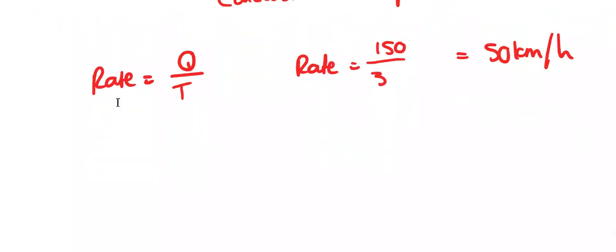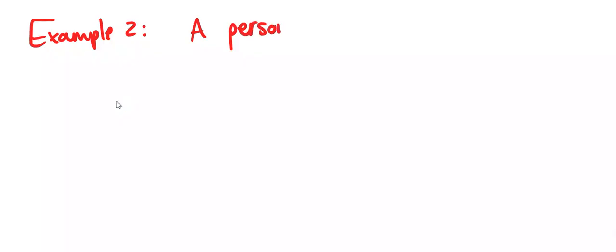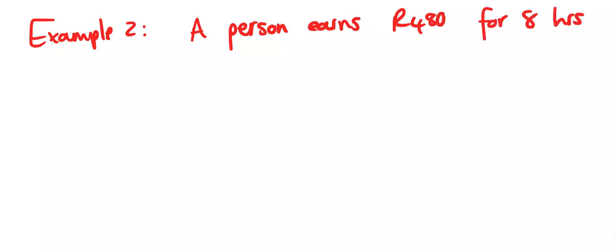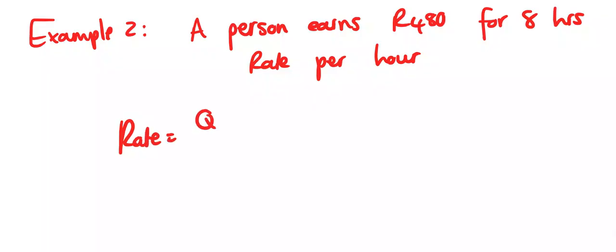If, for example, we have another question, which is example 2, that says a person earns 480 Rand for 8 hours. We need to calculate the rate per hour. Same concept: our rate will equal our quantity over the time or the other unit.